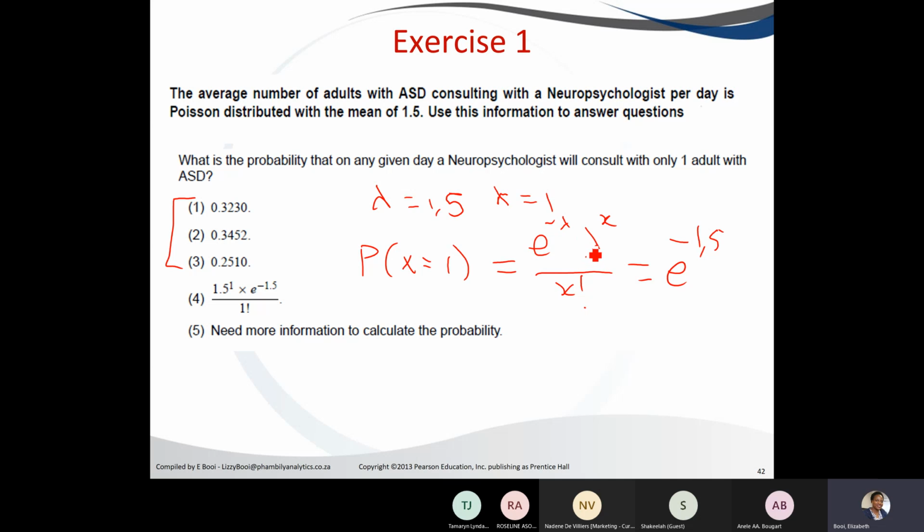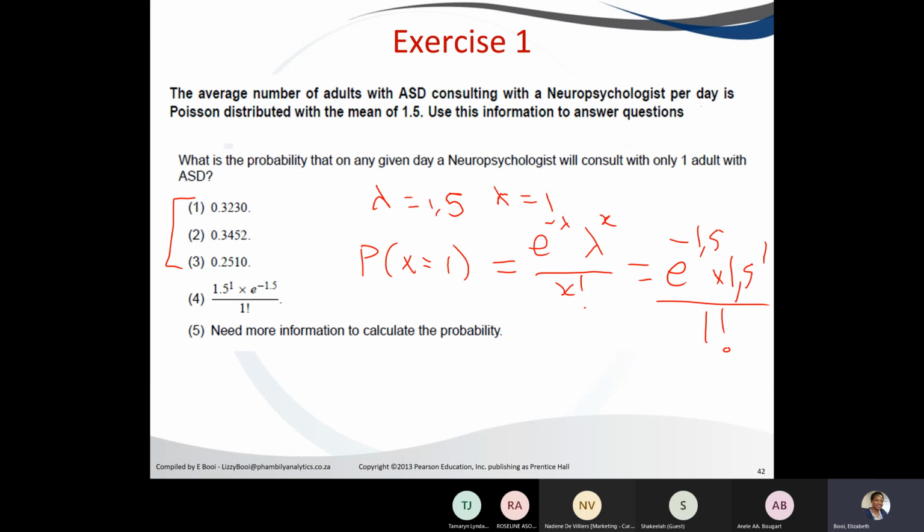multiplied by lambda, which is 1.5, to the power of x, which is 1, divided by x factorial, which is 1. If you look at this, it's the same as that, even though I'm writing it the other way around.